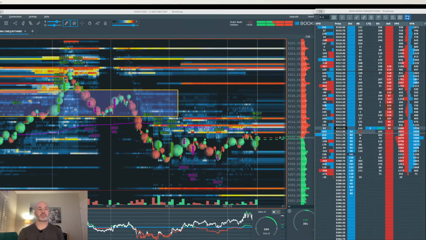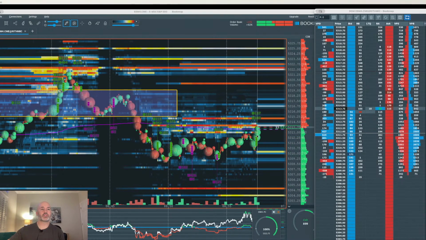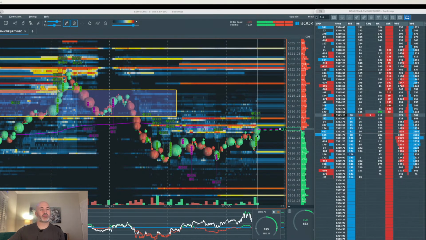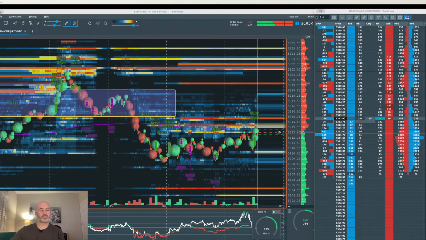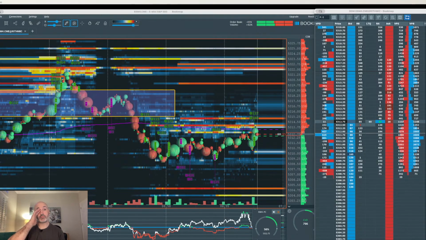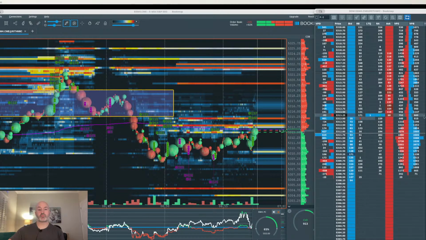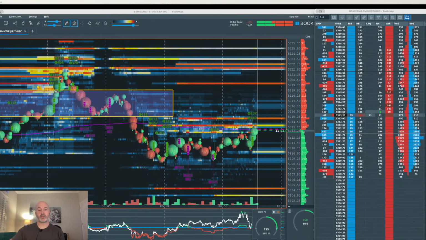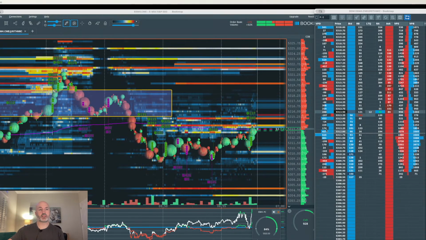Sweep ESM for CME buyers at 5,311.5. So buyers are still really interested in this. A lot of positive delta you can see on the depth of market chart here. So right on the DOM, we have a lot of aggressive buying still trying to step in.